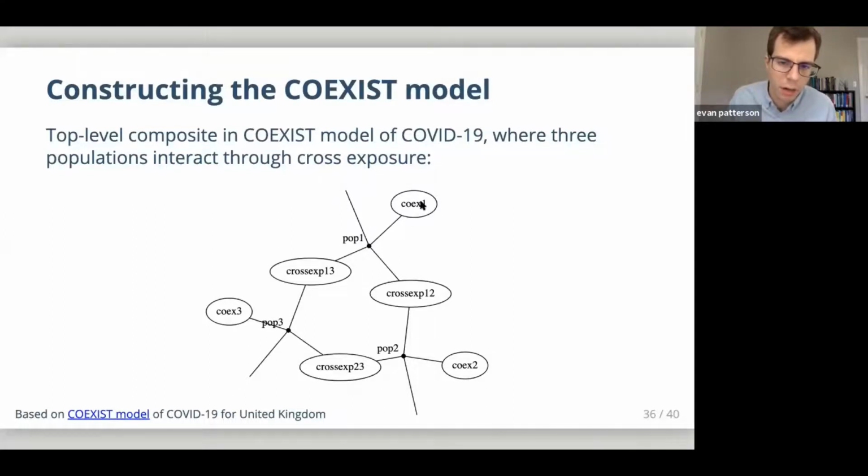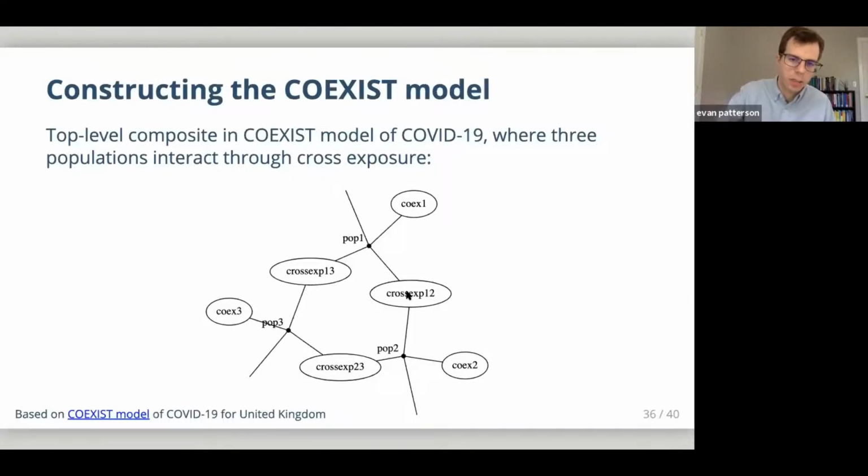So what you have here, Coexist 1, 2, and 3, are self-contained transmission infection models for three different populations, and then each of those interacts with the others through cross-exposure processes. That's one of the compositions involved.